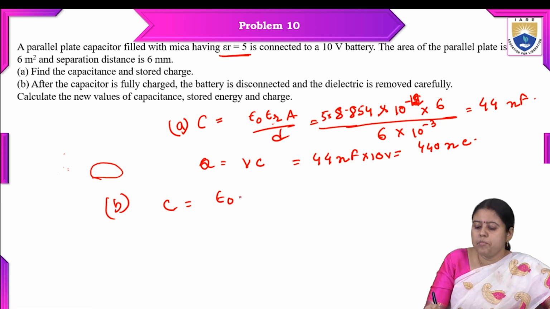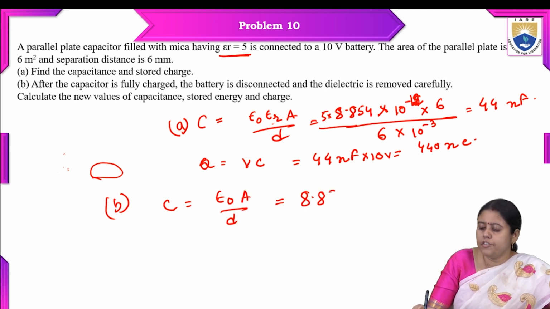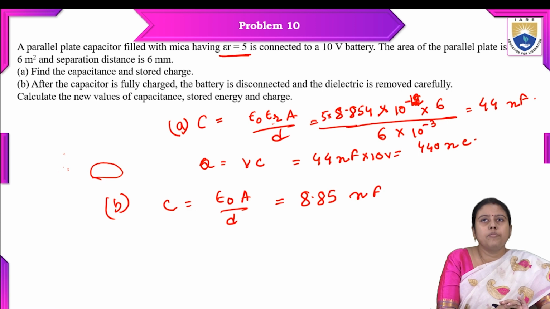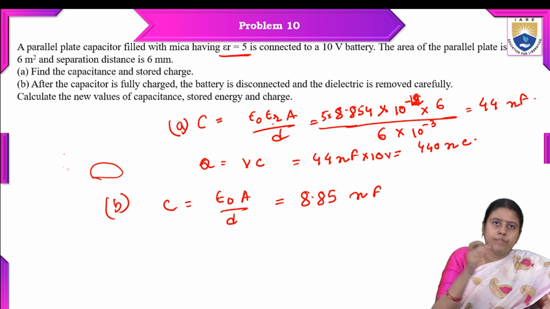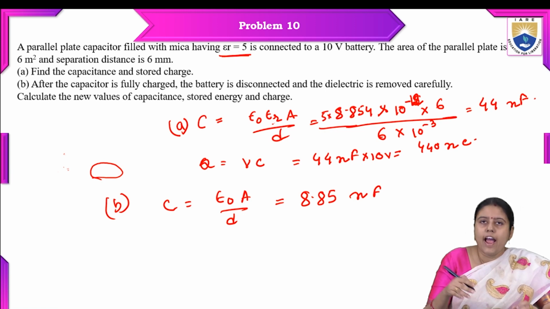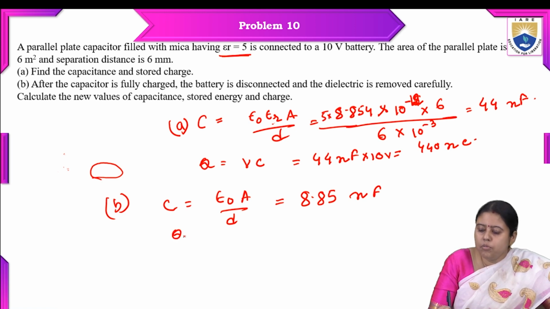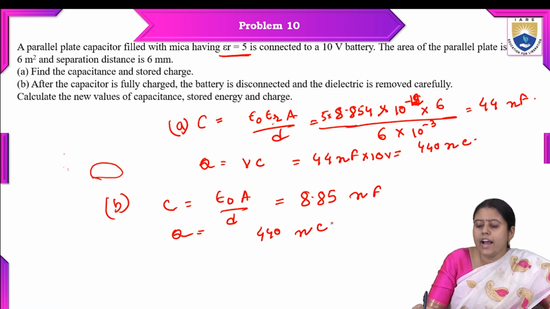So it is epsilon naught into A by D and we are getting 8.85 nanofarad. Now we have to calculate the stored charge. As there is no battery and no dielectric, the charge will be the same. So Q will be again 440 nanocoulomb.